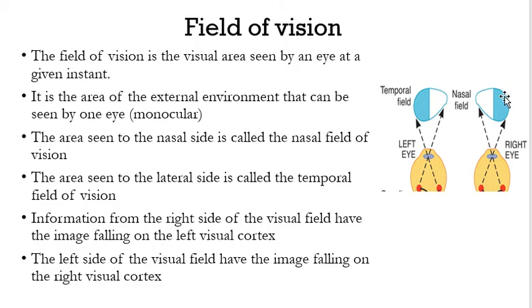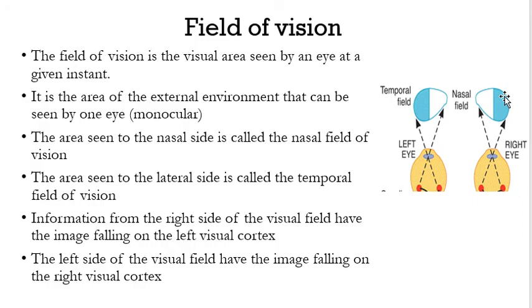I'm going to talk of nasal and temporal because I'm talking about one half. So if I talk about the right eye, I'll talk about its temporal and its nasal side. Now, I want you to take your left hand and put it on your nose, vertically up.